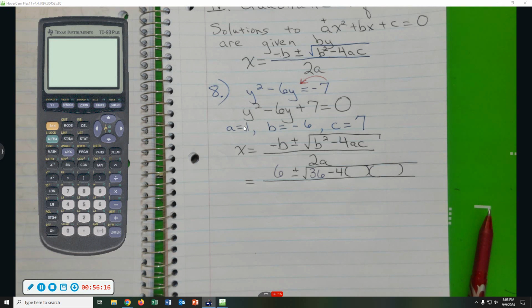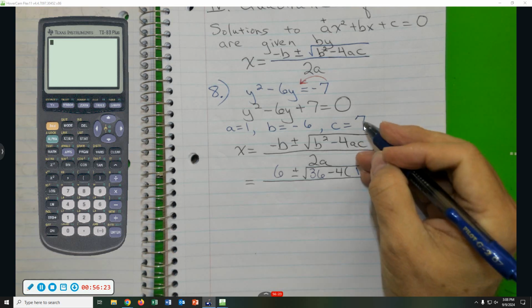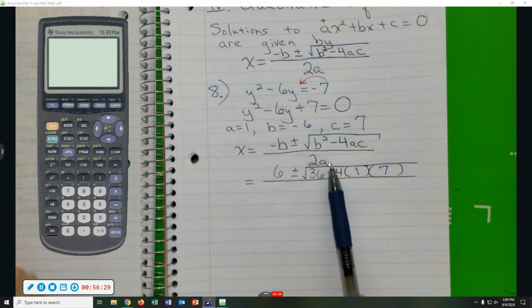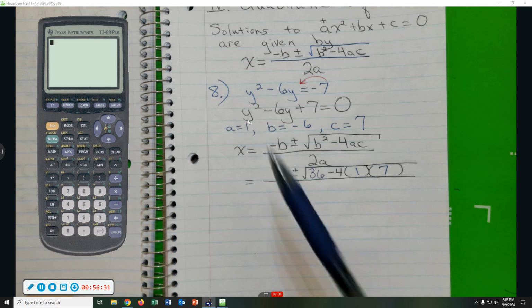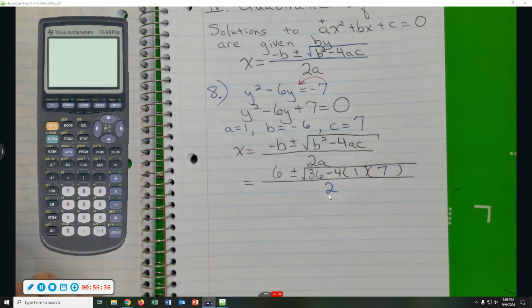Okay, so a is 1, and c is 7. That 7 looks funny, doesn't it? All over what? 2 times a. 2 times 1 is 2. Any questions up to this point?